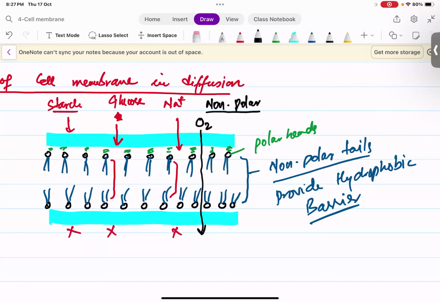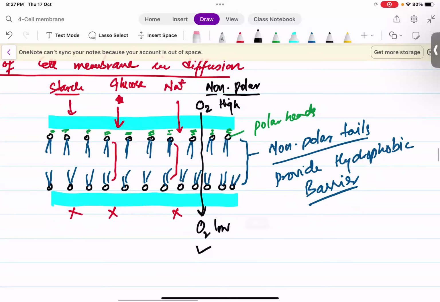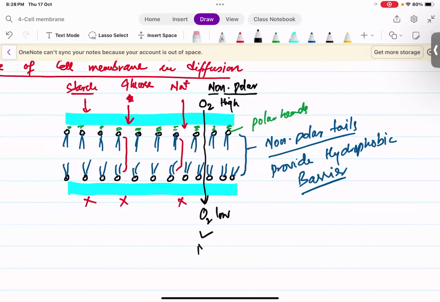So oxygen can diffuse if it is high concentration on the outside and low concentration on the inside. So they can easily diffuse through. This movement from high concentration to low concentration through the spaces in between the phospholipid molecules of the bilayer is known as diffusion. So this process is known as diffusion.